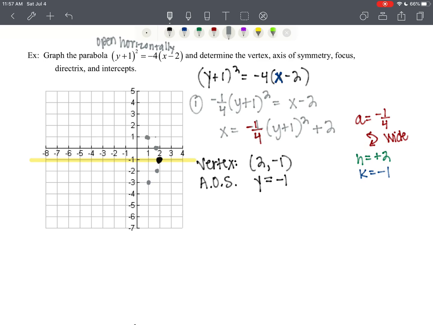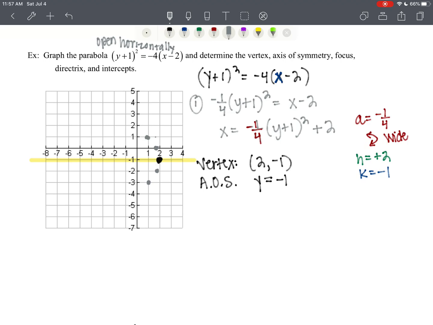Let's put a 1 in for y. So 1 plus 1 is 2. 2 squared is 4. -1/4 times 4 is -1. -1 plus 2 is 1. So yep, when y is 1, x is 1. When y is -3, I'm also going to get x equals 1.